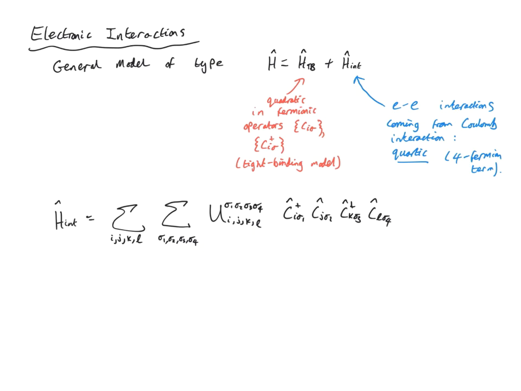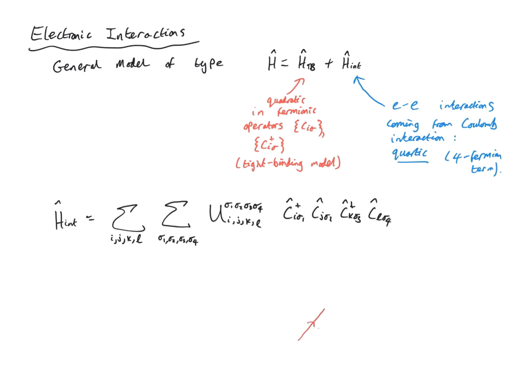And this is the most general thing that I could write down, with a sum over I, J, K, and L, and a sum over sigma 1, sigma 2, sigma 3, sigma 4. And the actual interaction is something that is parameterized, of course, by this tensor U. We can write down this interaction term in a diagrammatic form. We could imagine a particle J coming in.